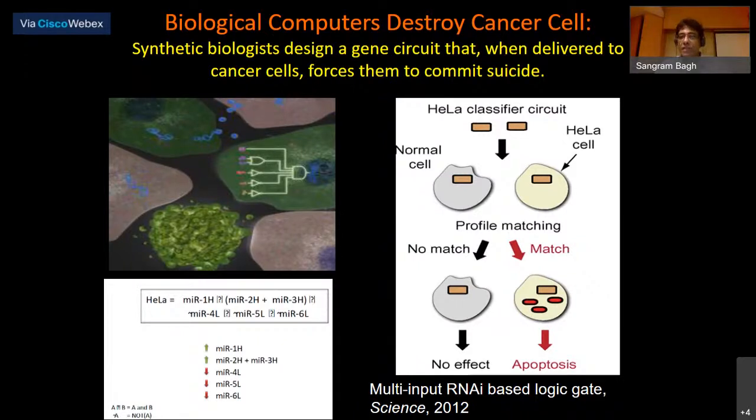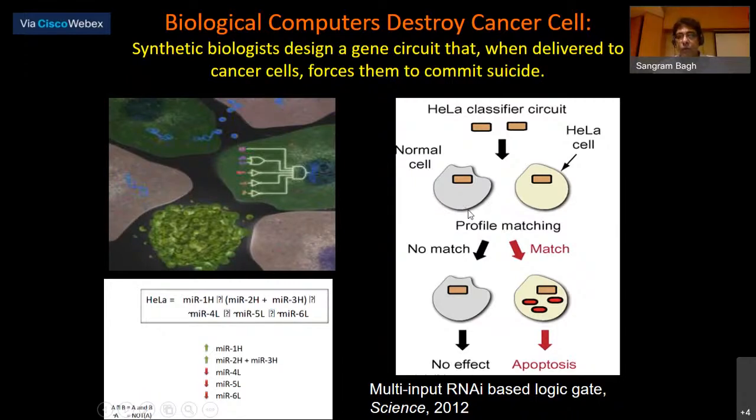If you put this RNA circuit inside the HeLa cell, the circuit will try to match its microRNA signature. And if it finds a match between the microRNA signature in the HeLa cell and what has already been programmed, then it starts producing one protein, which helps this HeLa cell go to apoptosis. Whereas if you put this classifier circuit in another normal cell, you will see the microRNA signature of the normal cell is different from the HeLa cell, and it is not going to match.